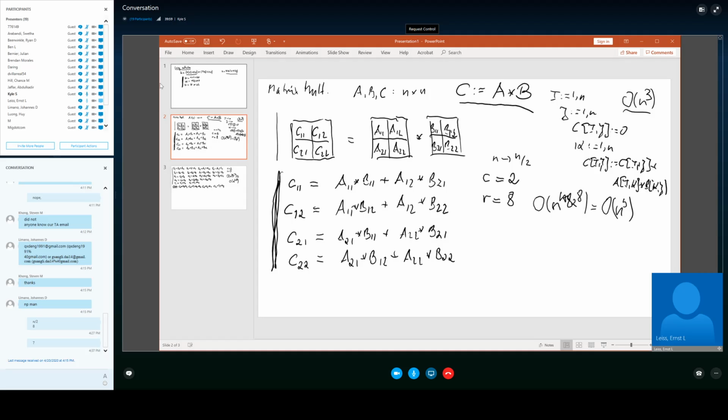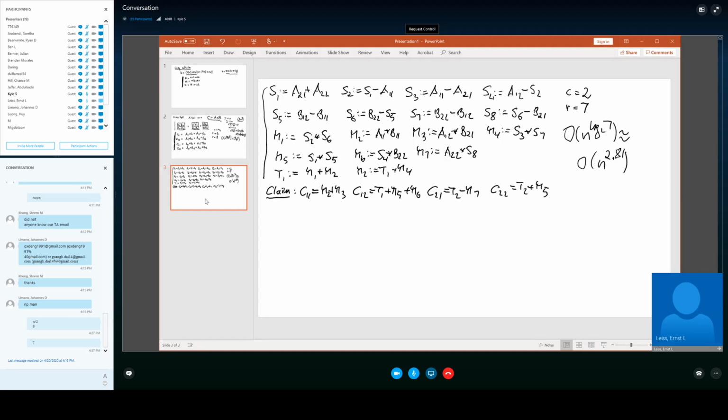If we compare that with the method that I've just written down, well, we have 1 addition, 2, which is a subtraction, but it doesn't make any difference, so we'll lump them all together. 1 addition, 2, 3, 4, 5, 6, 7, 8, 9, 10, 11, 12, 13, 14, 15.